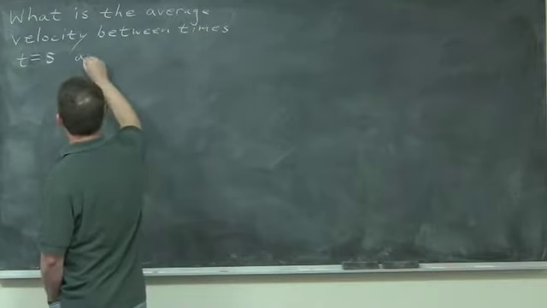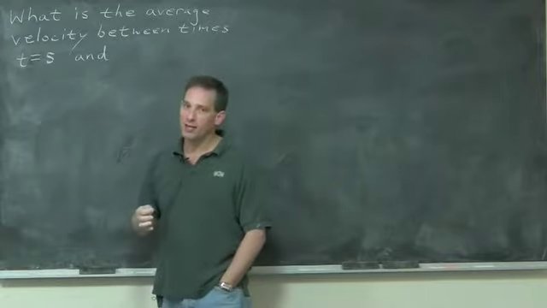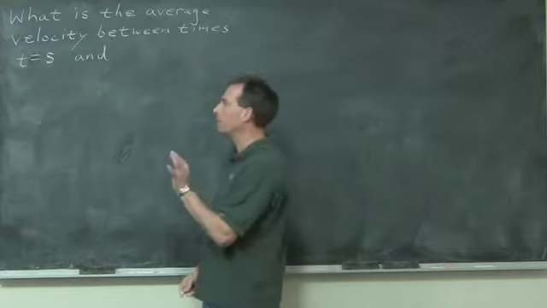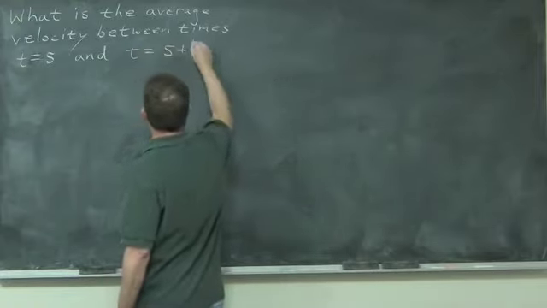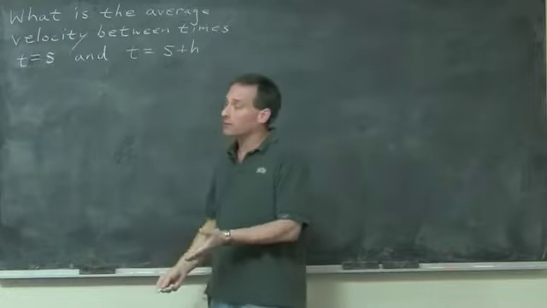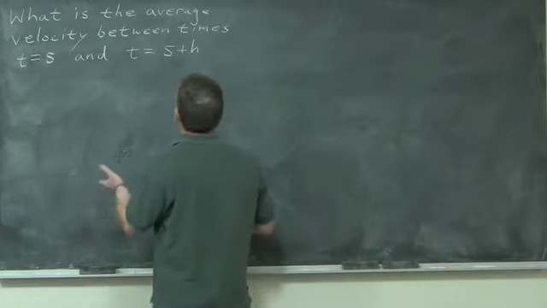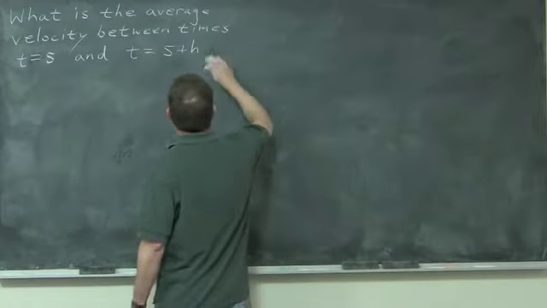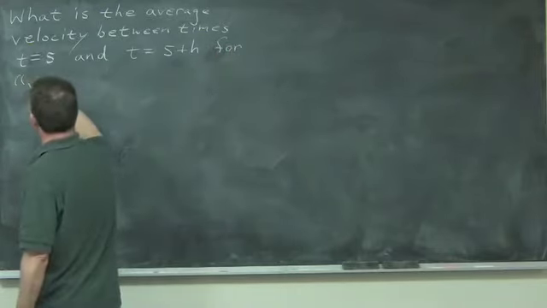Between times t equals 5 and here's what we do. We just say between times 5 and 5 plus a little bit, so t equals 5 plus h, where h could be negative, so that this is actually a smaller time. What is the average velocity between times 5 and 5 plus h for very small h?